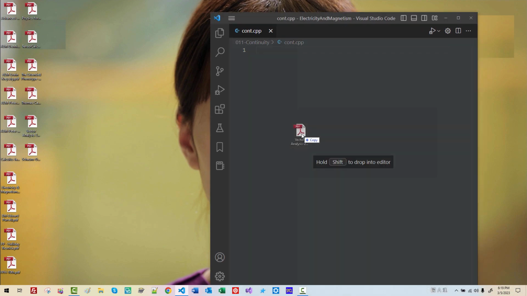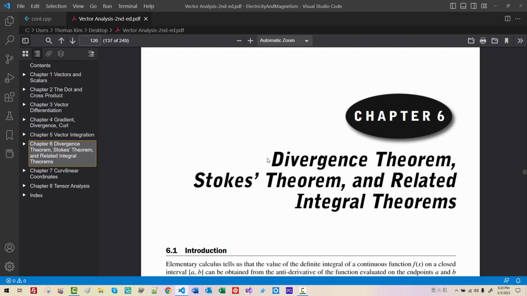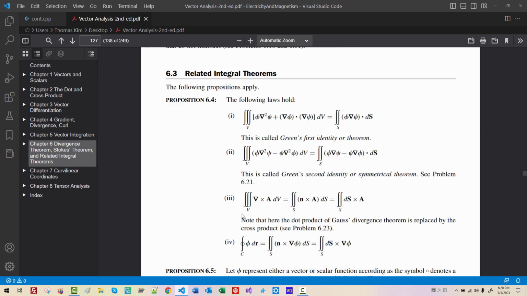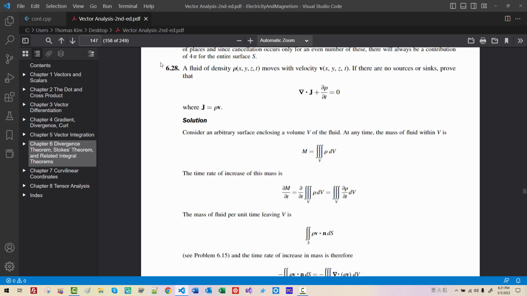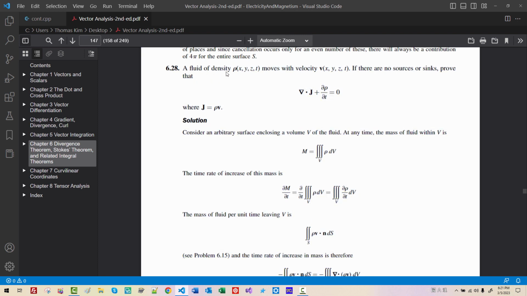Now I will drag and drop vector analysis, Chapter 6. Divergence theorem, Stokes theorem, and related integral theorems. If you scroll down, you can find problem 6.28. A fluid of density ρ moves with velocity v, and there are no sources or sinks.